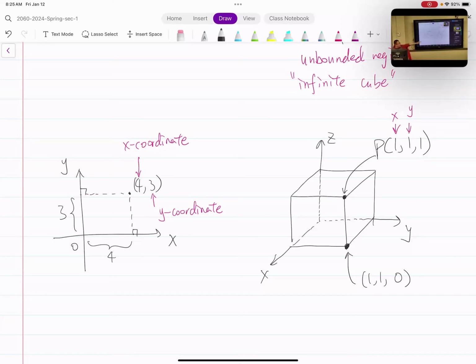So if you do the projection, starting from this point and dropping it down, you'll hit the point (1, 1, 0). So that's not going to be a height anymore. This vertical bar has a length of 1, which is exactly the same length as the vertical dashed line at the back.